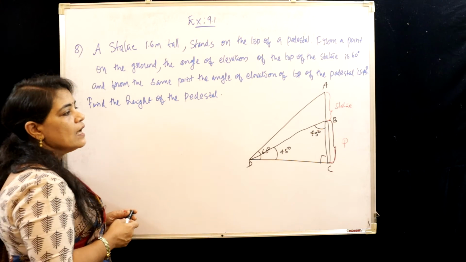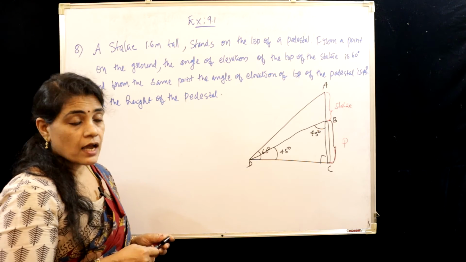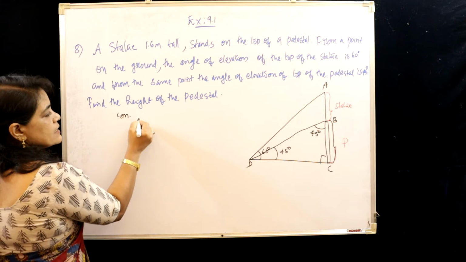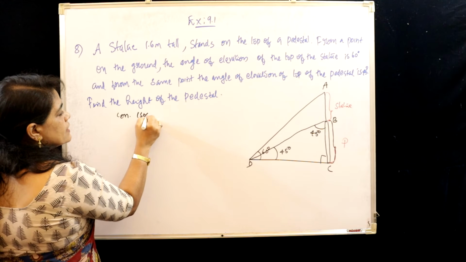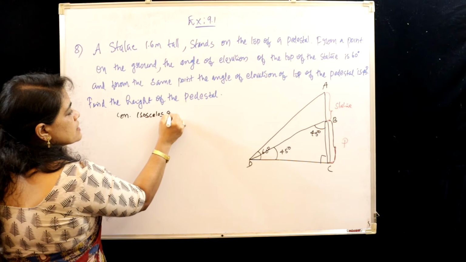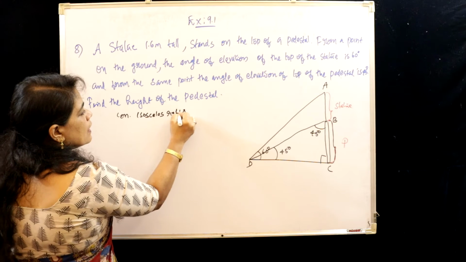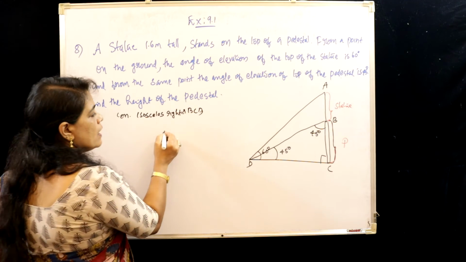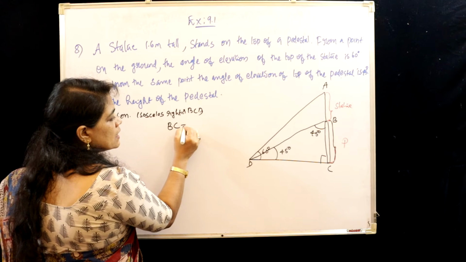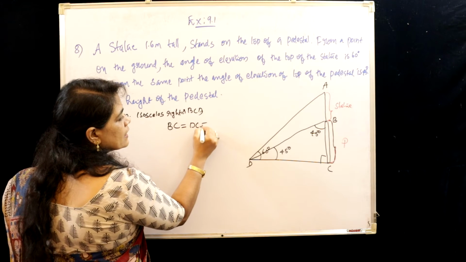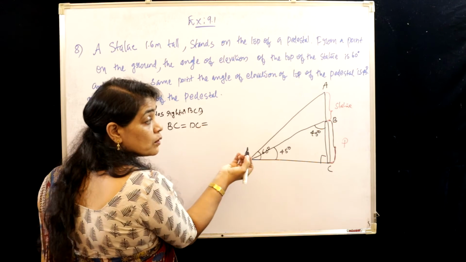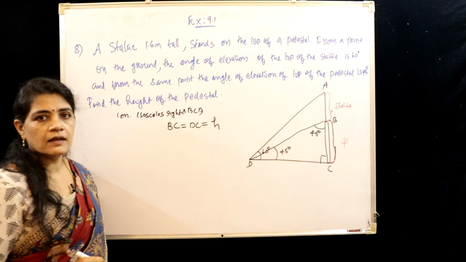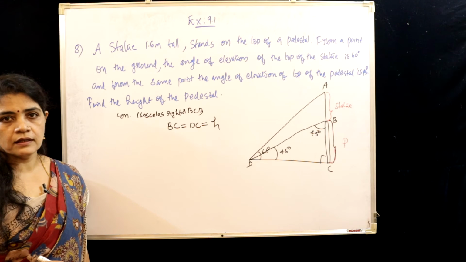So consider isosceles right triangle BCD. We have BC equal to DC, and we don't know that, so we take that as the height of the pedestal, H. That is the required thing.